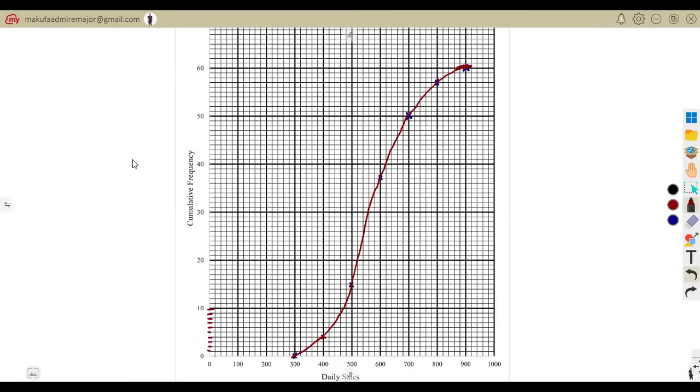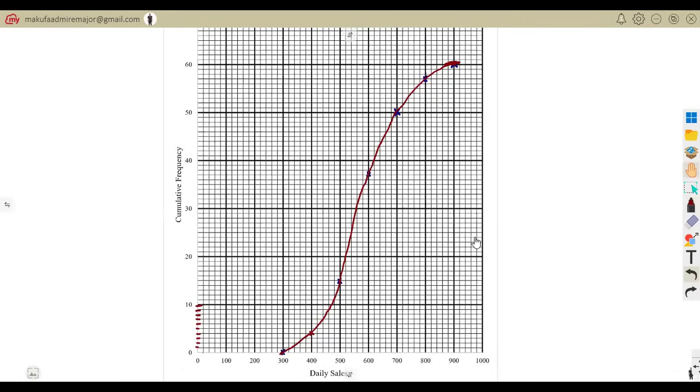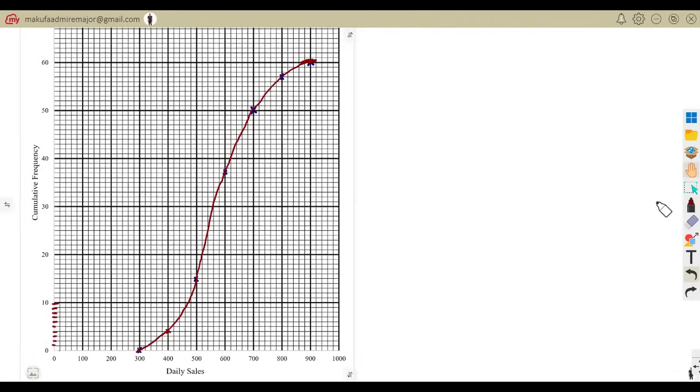The question is supposed to be taken from this graph. How can we determine the median? In order for us to obtain the median, we need its position. We need the median position first. Before we talk of the median, what is its position? The median position is half of the distribution.